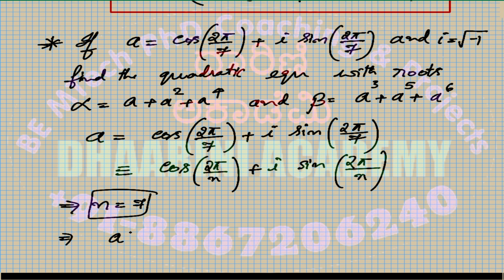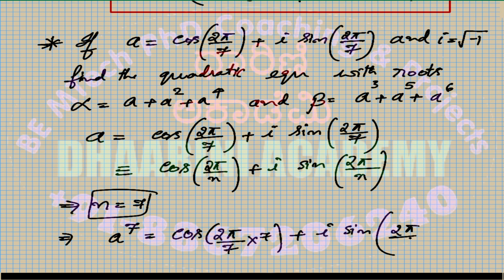So a to the power 7 is cos of 2 pi by 7 plus i sine 2 pi by 7, whole raised to the power 7. That makes sense: cos of 2 pi by 7 into 7, plus i times sine of 2 pi by 7 into 7. So 7 cancels.